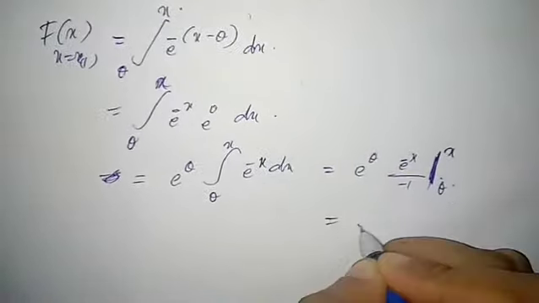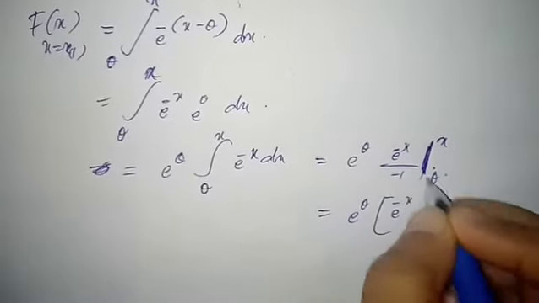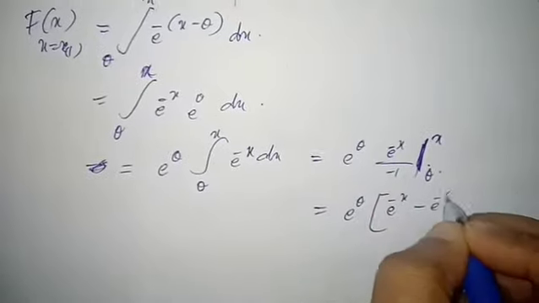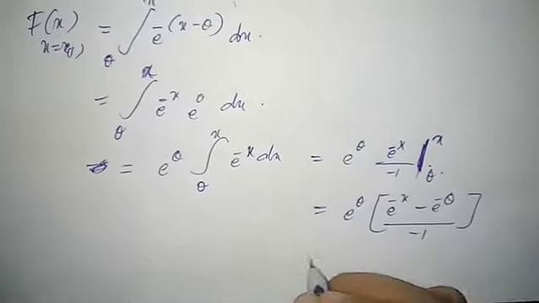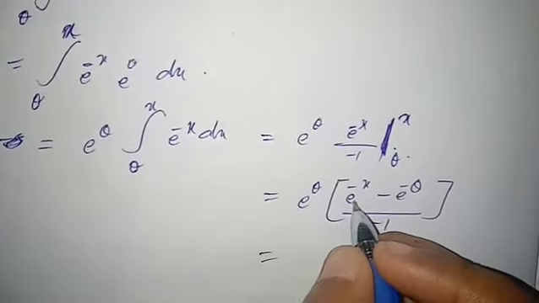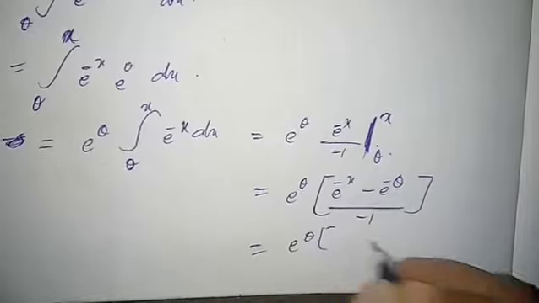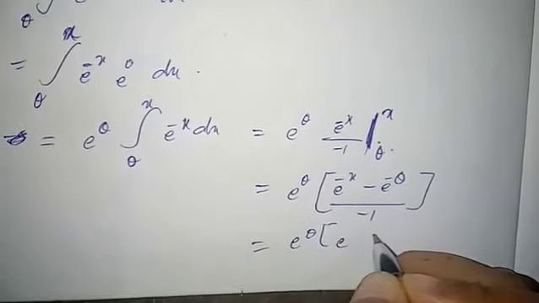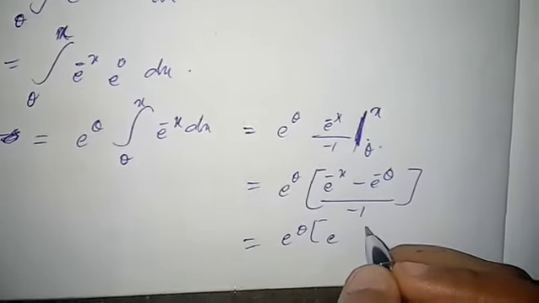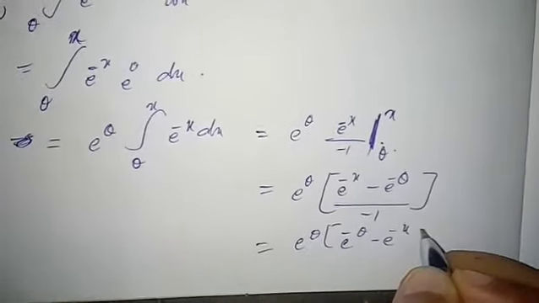Then substitute the values, then you get e power theta times e power minus x minus e power minus theta, divided by minus 1, which equals e power theta times e power minus theta minus e power minus x, right?